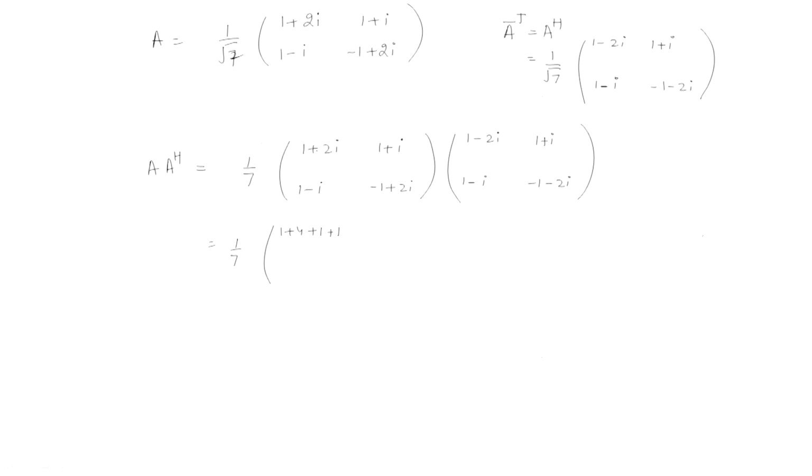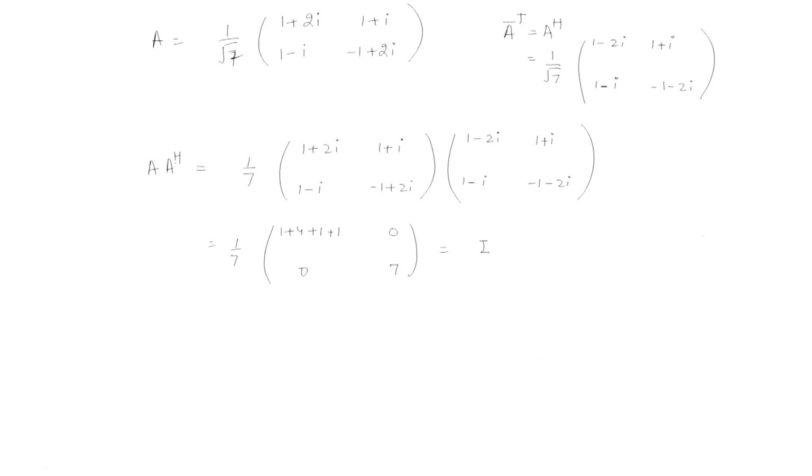When you find the conjugate transpose, you have to take the conjugate and also the transpose. When you multiply the first row with the second column, you can verify easily that it comes out to be 0. And for the last row and column, it is again 7. So what we obtain is simply the identity. This you can easily verify by simple calculations. So we can verify that A into A conjugate transpose is identity, hence we can say that A is a unitary matrix.